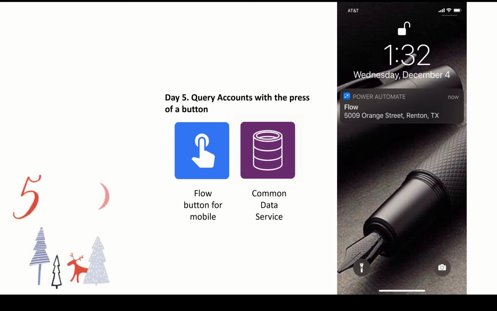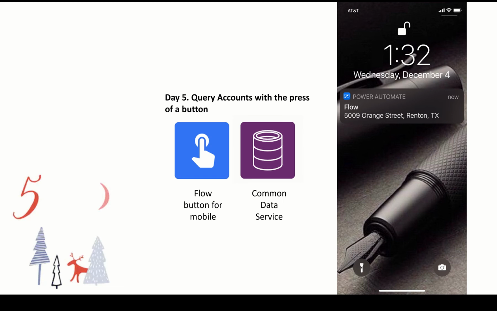So customer data, CRM data, ERP data, all of that kind of data is in Dynamics usually or Salesforce. So I chose to use the common data service because that would probably be the likely place that you would have accounts. And so what we're going to do is we're going to set up a button to ask a question so that every time you press it, the first thing it does is ask you a question.